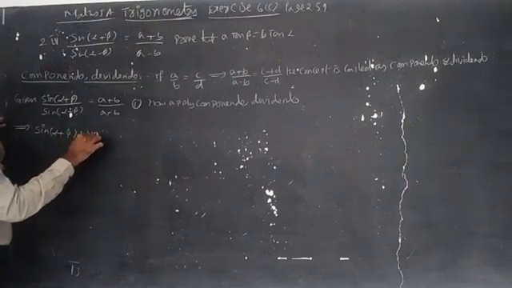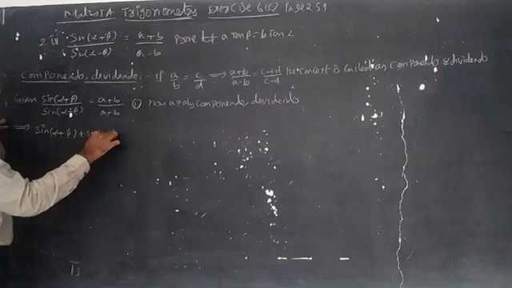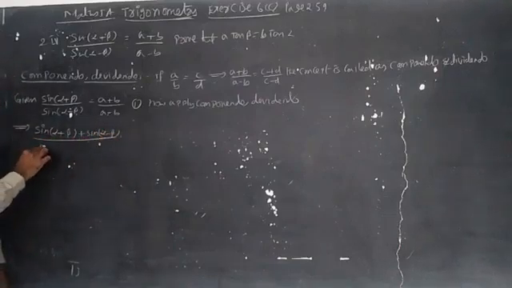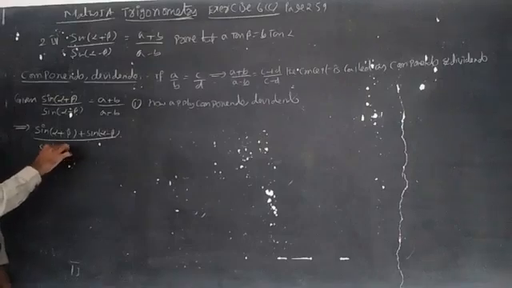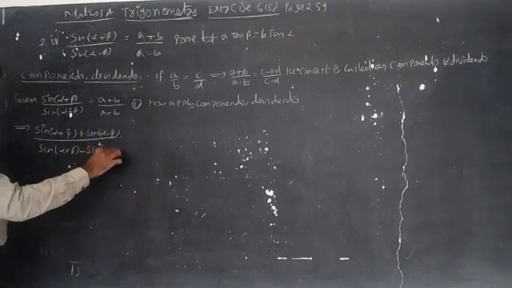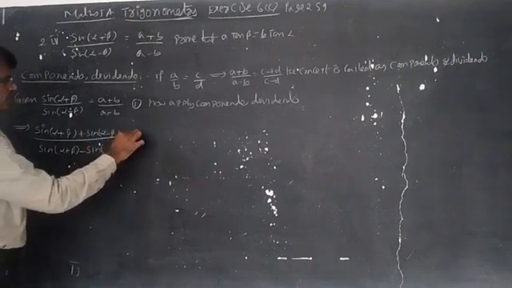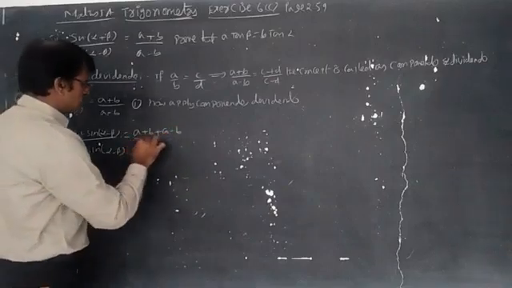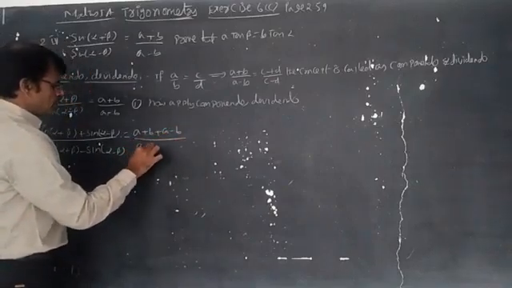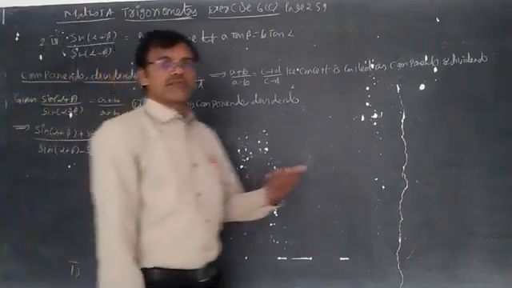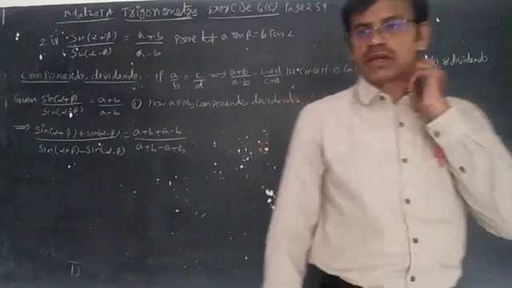So write here sin of alpha plus beta plus sin of alpha minus beta whole by sin of alpha plus beta minus sin of alpha minus beta is equal to a plus b plus a minus b whole by a plus b minus a plus b, because this is minus of a minus b within the bracket.